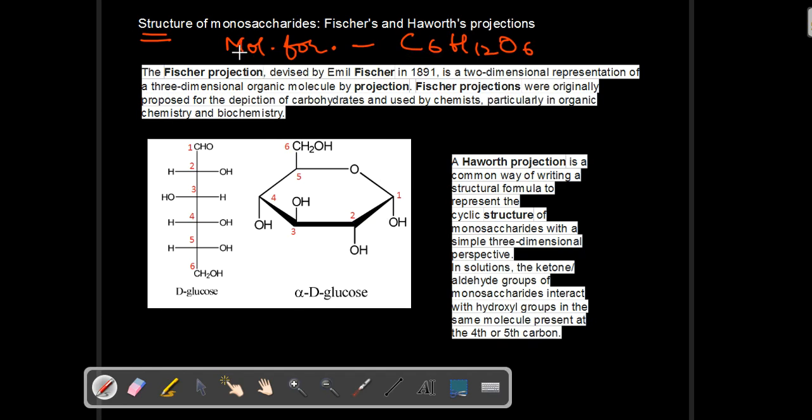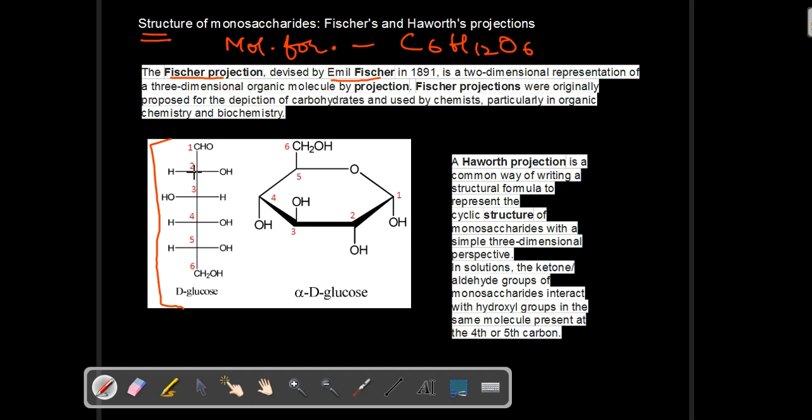There are two ways of writing down the structural formula. The first way is called a Fischer projection, and it is called so because it was devised by Emil Fischer. Here we see the Fischer projection. This long chain structure of glucose is called the Fischer projection, and this describes the 6 carbons.